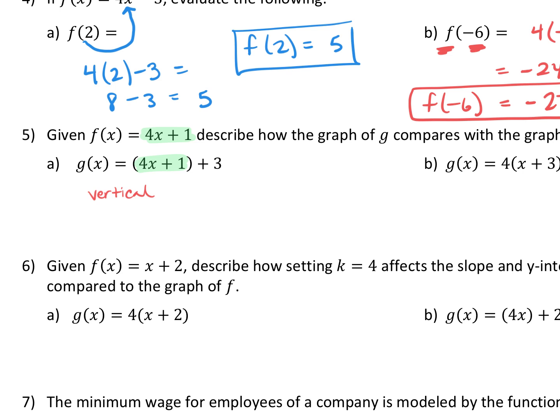And if you're making a change with addition or subtraction, that change is going to be a translation. We can go up or down. If it says plus 3, that means we're going to go up 3. So this is a vertical translation, up 3 units.